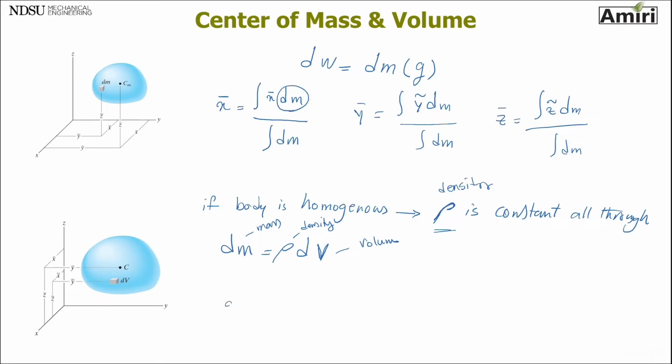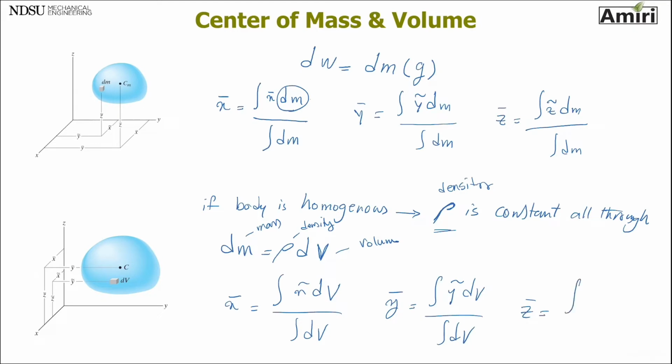Now what I have is x bar, x tilde dv over integral of dv, y bar, y tilde dv over integral of dv, z bar, integral of z tilde dv over integral of dv.